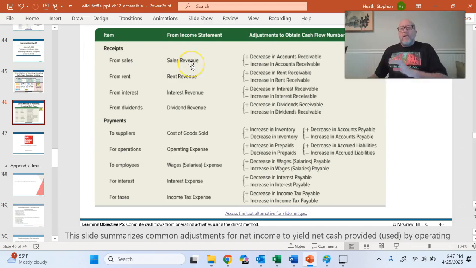And so the indirect method, we started with net income, and then we made all of these different changes. One of them being depreciation. You will note when we get down to payments, there's no deduction, or I should say, no addition to account for non-cash transactions like depreciation, because we're sort of starting from the ground up.